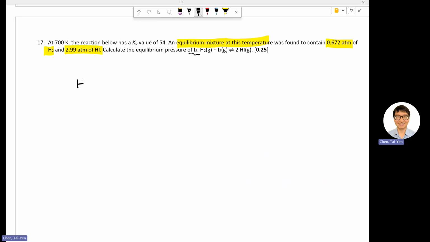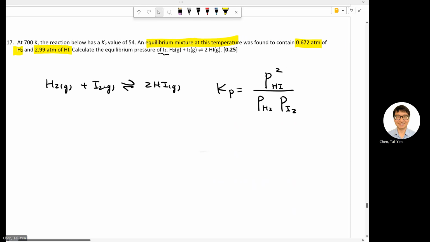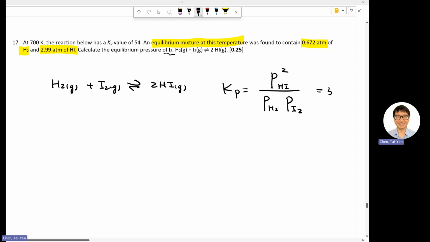So again, write out these things first. You know your Kp is going to equal the pressure of your HI to the second power over the pressure of your H2 to the first power times the pressure of your I2 to the first power. And this whole thing will give you a value of 54.